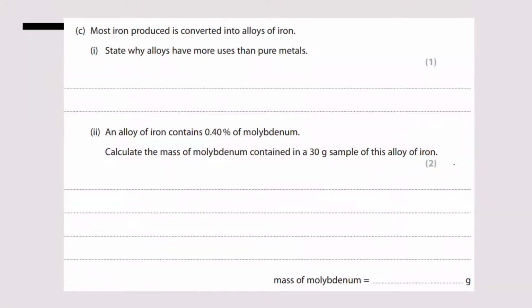Most iron produced is converted into alloys of iron. State why alloys have more uses than pure metals.